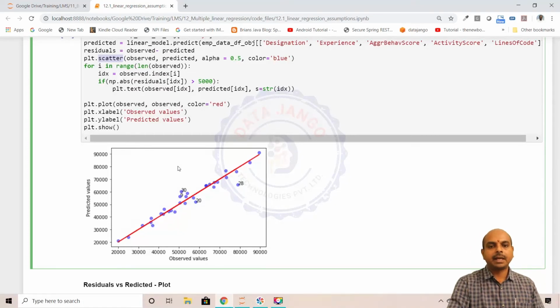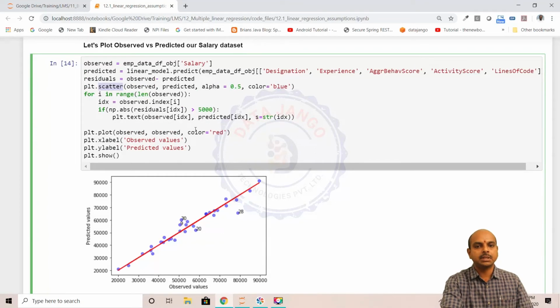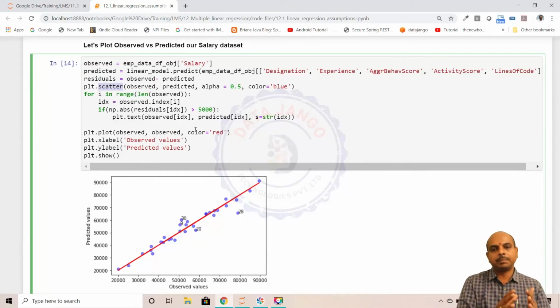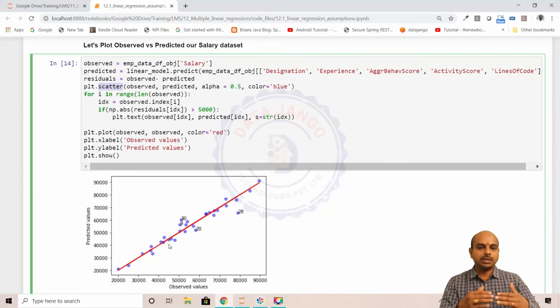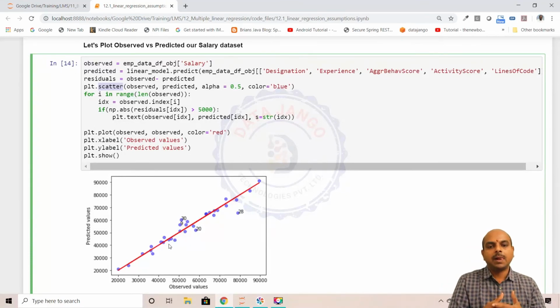If they are not forming a straight line, the predicted value is deviating from the observed value. We are also drawing an observed versus observed straight line here, which shows that when the dots are close to that line, the data has a linear relationship. If not, the data has no linear relationship. There may be another relationship.